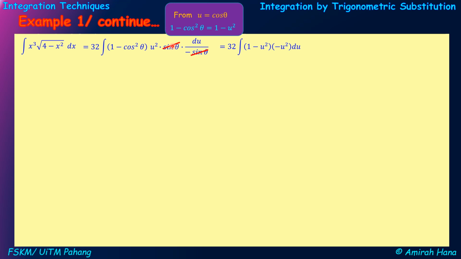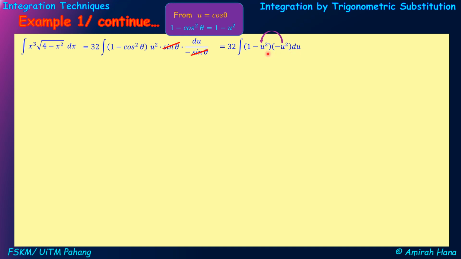And after we simplify sine theta and sine theta from the denominator here, we have du over negative 1, which is negative du. Or we can put negative for u squared here. So we can write 1 minus u squared times negative u squared times du. Right? And after that, now we have terms containing u and du.